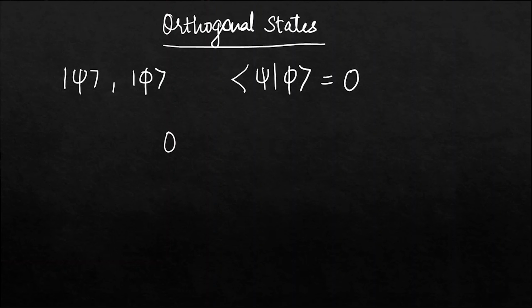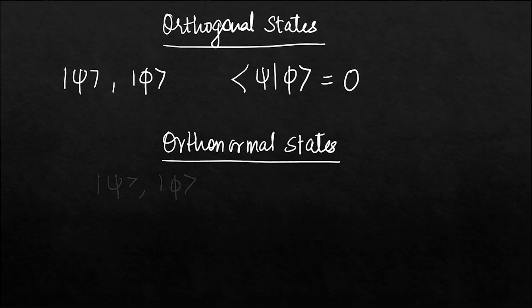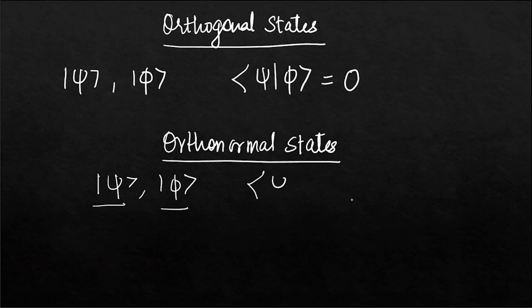Second, what are orthonormal states? For orthonormal states, let us take these two states, psi and phi. Firstly, their norm. What is norm?